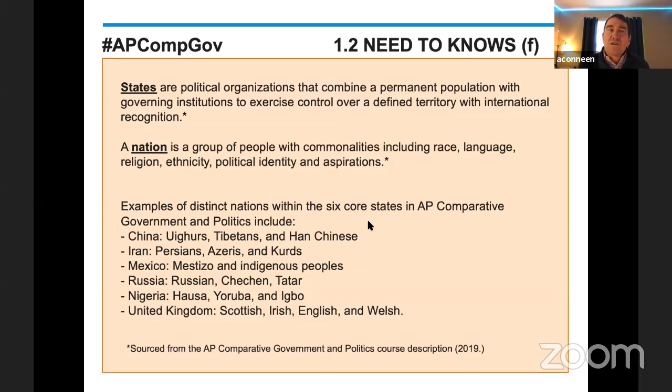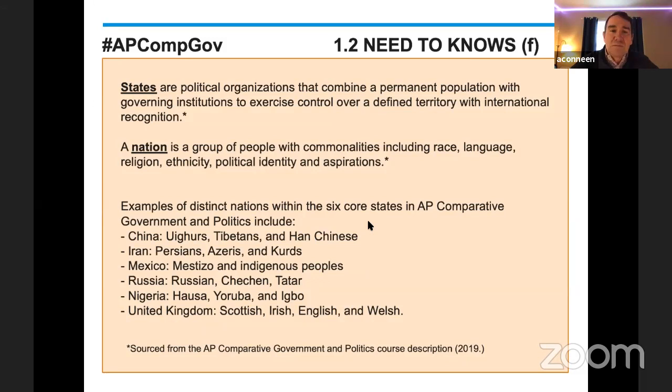But when you hear the word states in comparative government, unless it's specific to, let's say, the regional governments of Mexico or the regional governments of Nigeria, both of those countries can use the word state as a description of a regional government. But typically you're going to see the word state refer to a national government, again, as a synonym for country.